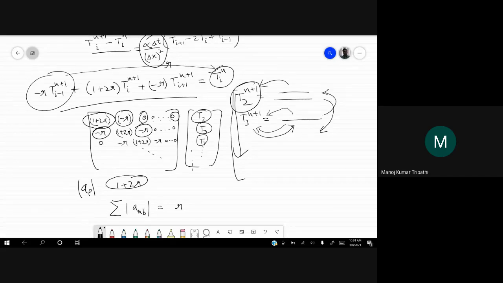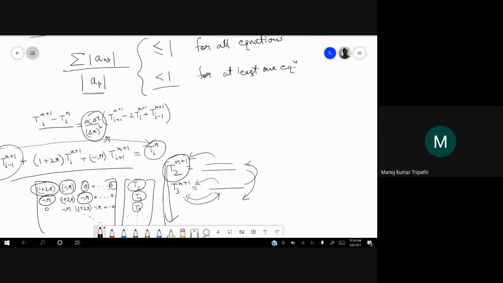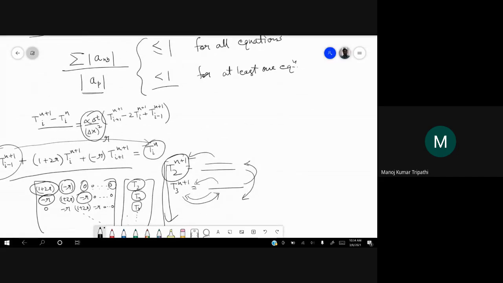Is this clear? Is there any question? Okay. So one more point to note here is that this is a sufficient condition. For those of you who may know about sufficient and necessary conditions in maths, sufficient condition means that if this is true, then it is guaranteed that it will converge.